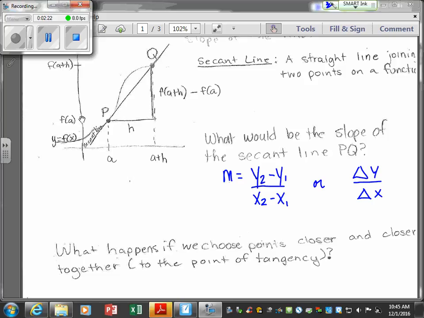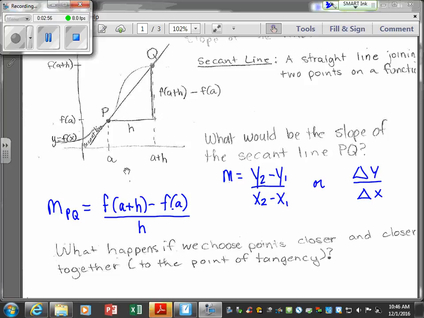Good, so I'm going to denote the slope of secant line PQ as the change in y values over what's next? The change in x, which would be x2 minus x1. So it's just going to be over h.